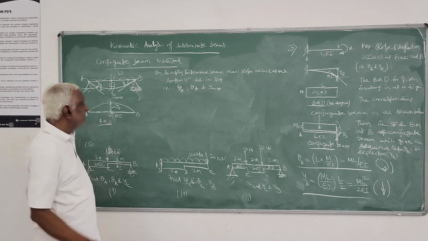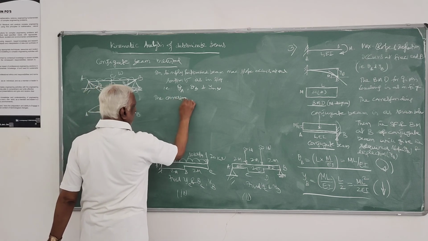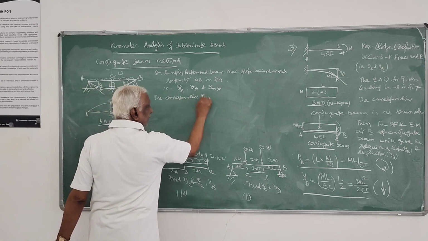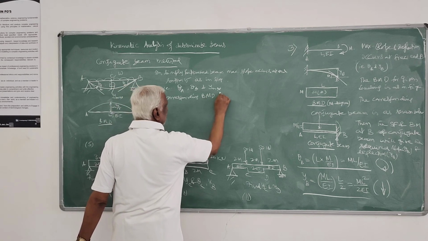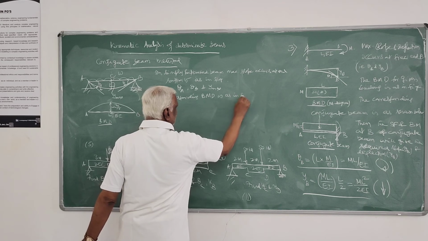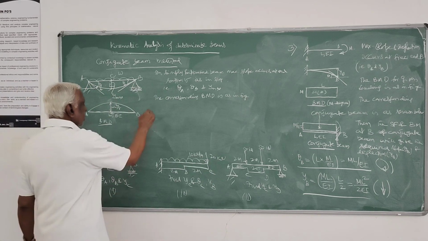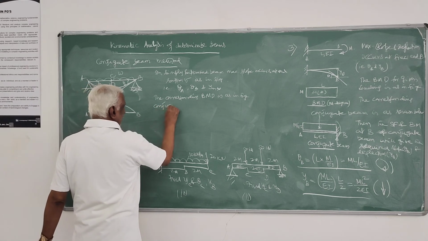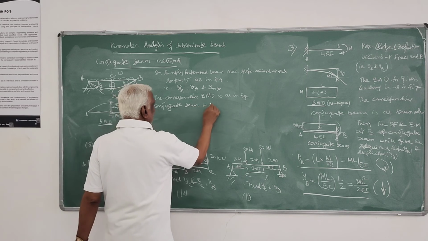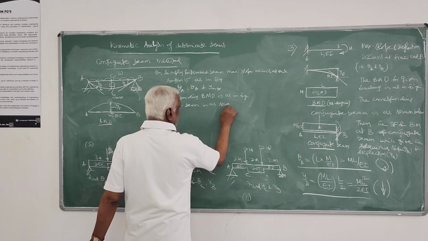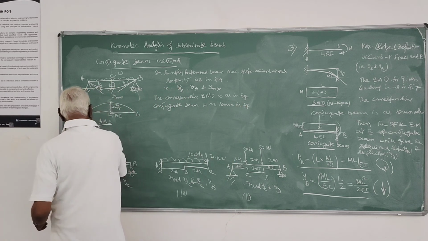That's it. So you can say the corresponding BMD is as in the figure. Then the conjugate beam is as shown in the figure. So that also you can draw.